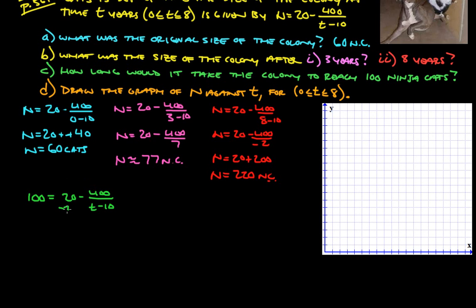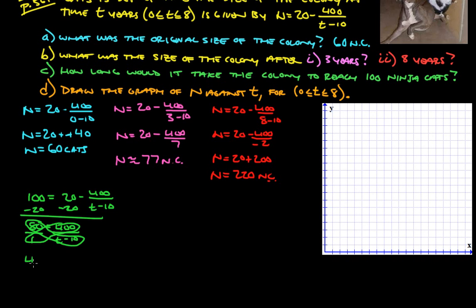So first thing I'm going to do is subtract 20 from both sides and get 80 equals 400 over t minus 10. And really whenever I get a fraction equaling a whole number of some sort, I like to just put that over 1 and I just do cross products. So 80 times t minus 10 should equal 400 times 1.